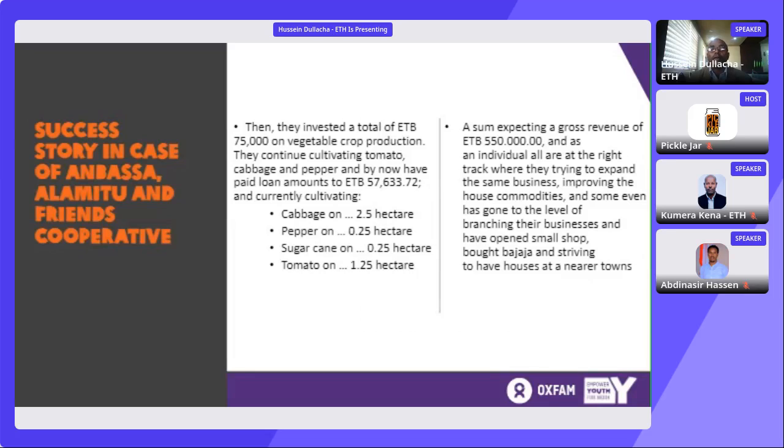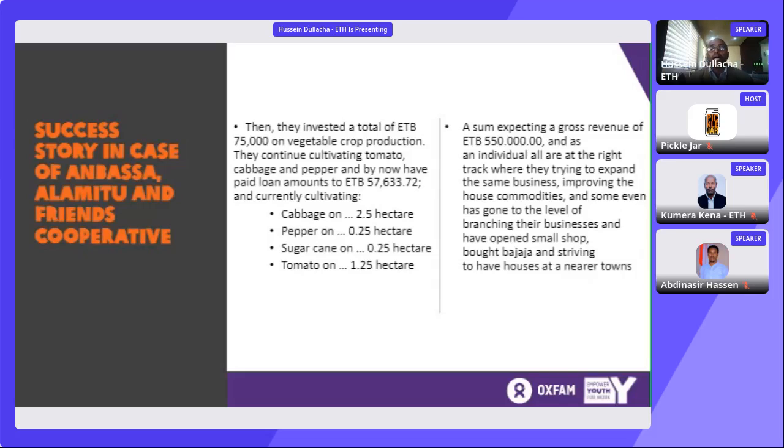The first step was too minimal, around 0.25 to 3 hectare.